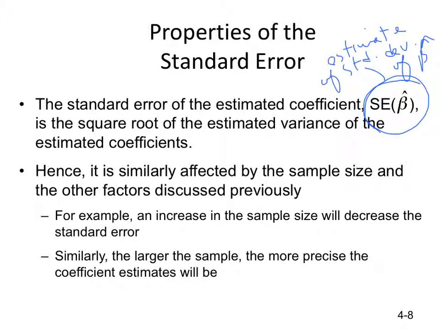Although we can't observe the true sigma or the true sigma squared, that is the variance of the distribution of the beta hats that would be generated if we could repeatedly collect samples of data and repeatedly estimate our beta hat, we do get an estimate of it every time we run a regression. So the column next to the estimated coefficients is going to contain the estimated standard errors. And that's going to be instrumental when we move into Chapter 5 and start to test hypotheses.